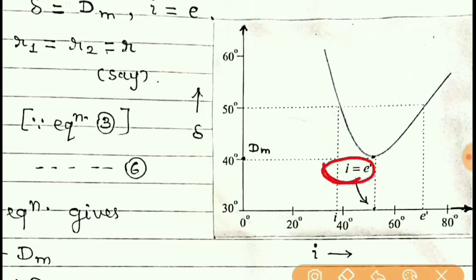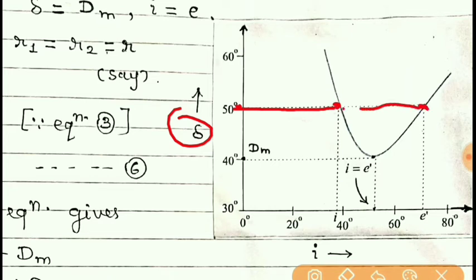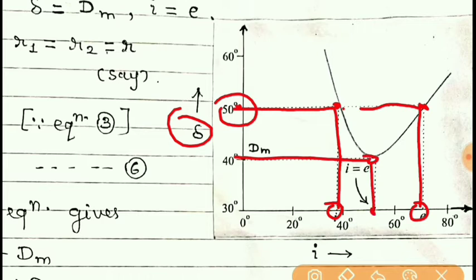This condition happens only when there is a minimum deviation. For other angles of deviation, suppose at 50-degree deviation, you will find this point also and this point also. That means 50-degree deviation can occur at this incident angle as well as at this incident angle, but minimum deviation occurs at only one incident angle.